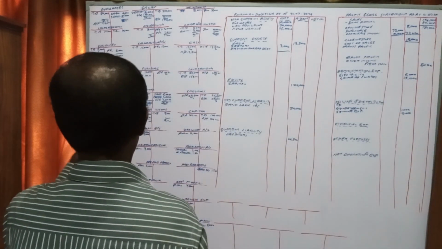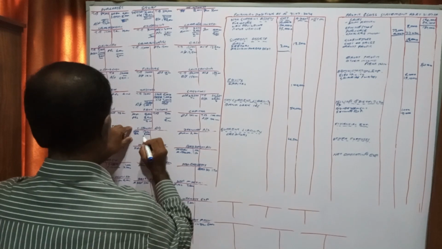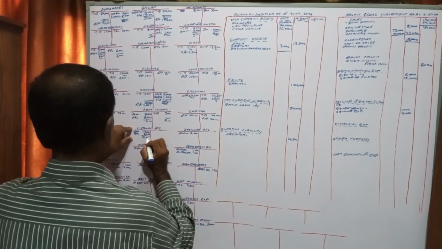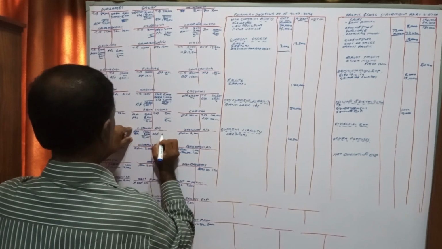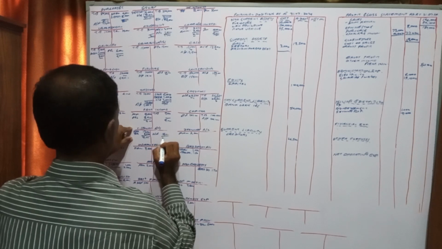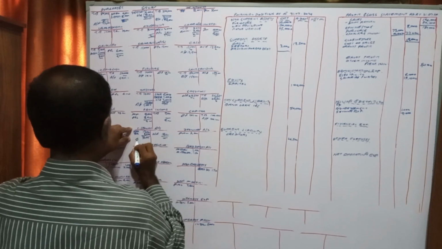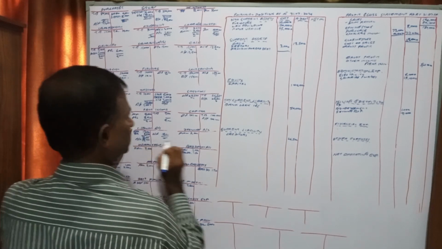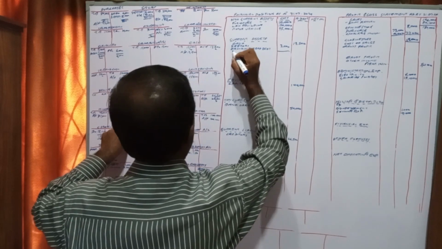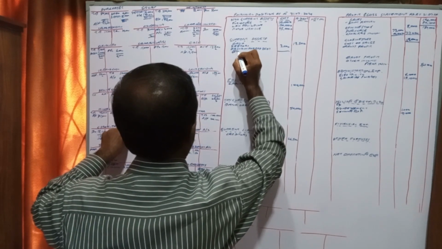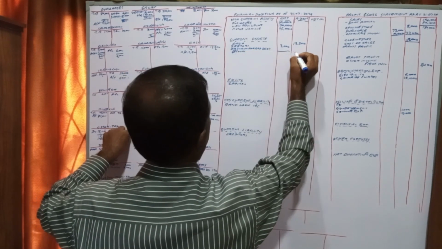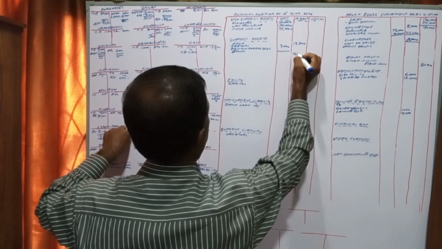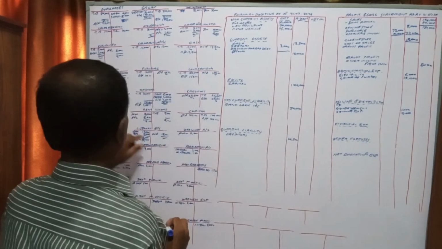Right, closing stocks balance sheet, that is also 18,000, carried down 18,000, brought forward 18,000. Closing stocks, stocks 18,000.